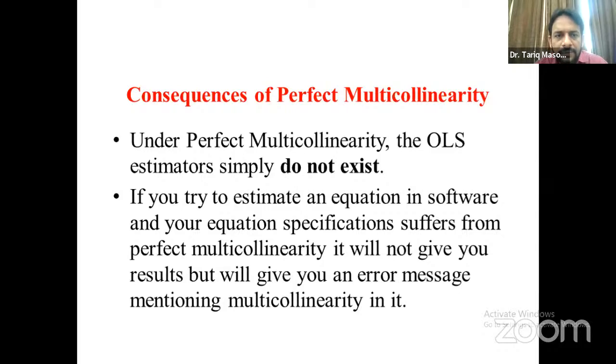The OLS estimators simply do not exist because of the perfect relation between x1 and x2, suppose x1 is equal to 2 times x2. This is the case of perfect correlation. So for regression purposes, even though you are adding two different variables, they are basically the same. There is no difference in the variation of x1 and x2.